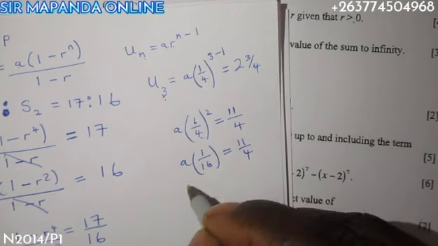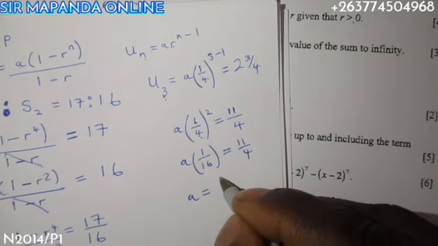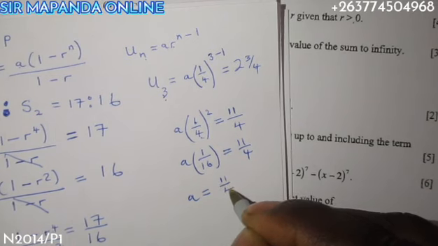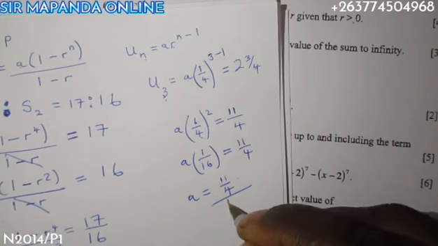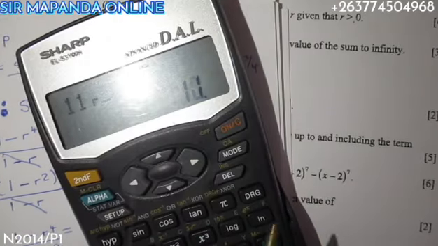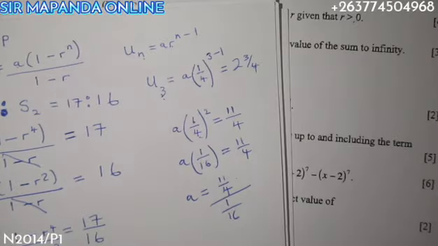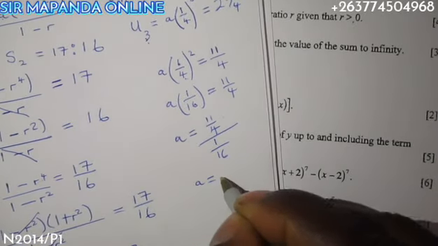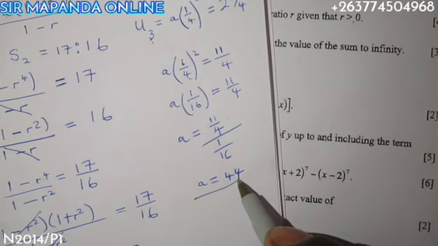Then to find a, divide both sides by 1 over 16. So it's now 11 over 4 divided by 1 over 16, you get 44. So it means our first term is equal to 44, which is our a, right?